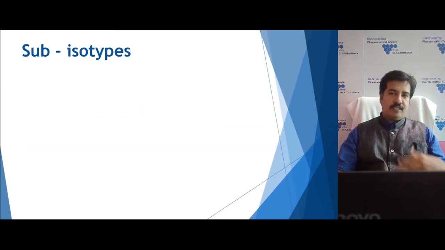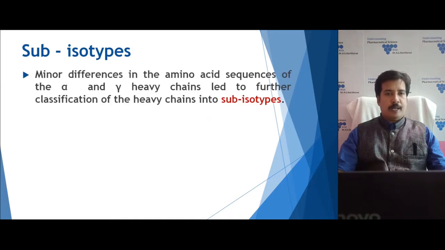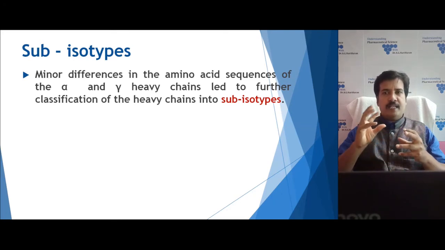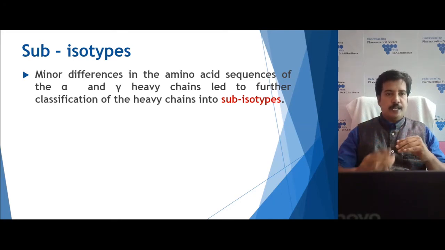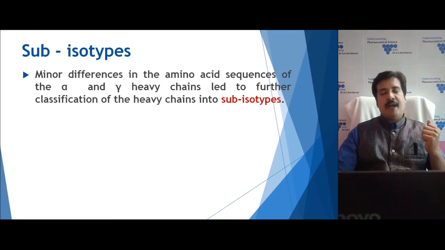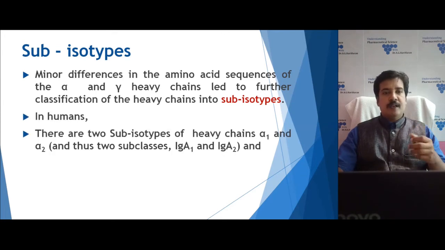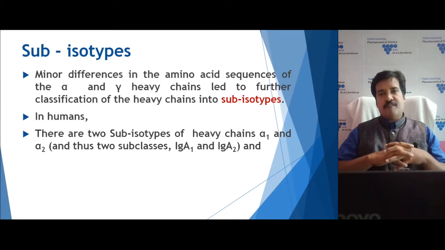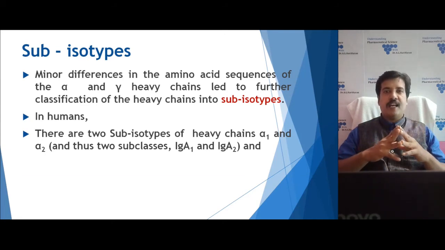This can be further classified into sub-isotypes, because the sub-isotypes of the constant region of the heavy chain are produced by slight differences in the amino acid sequence. Generally the sub-isotypes we can find in alpha and gamma, that is immunoglobulin A and immunoglobulin G. In humans, there are 2 sub-isotypes of immunoglobulin A, that is alpha 1 heavy chain and alpha 2 heavy chain.